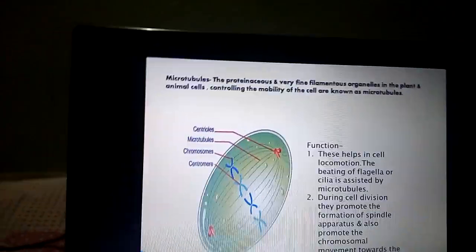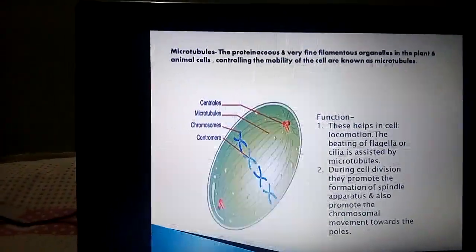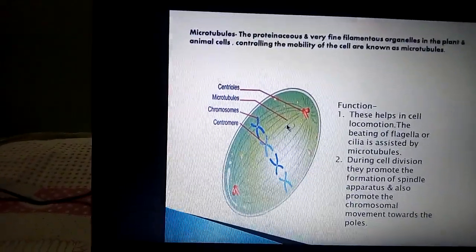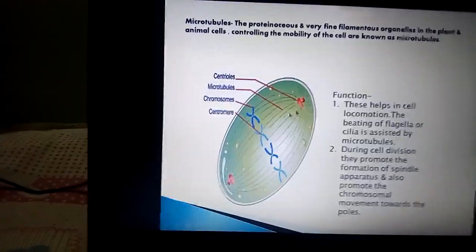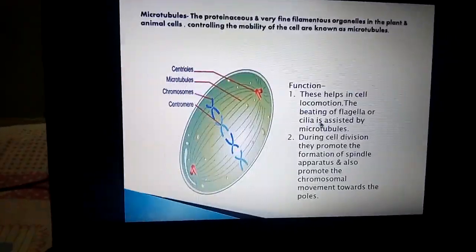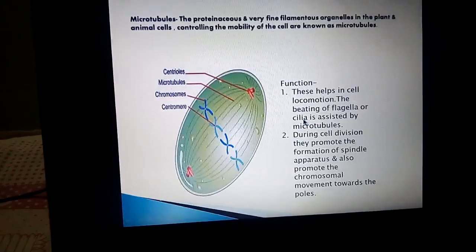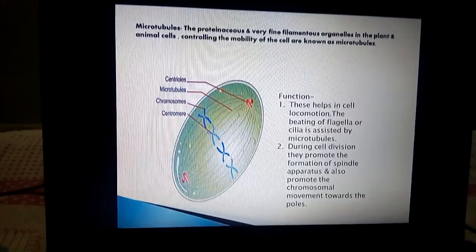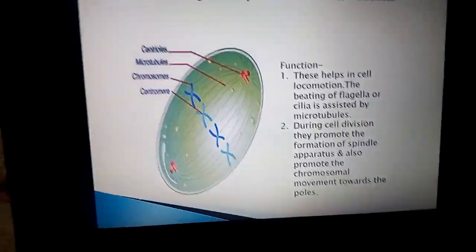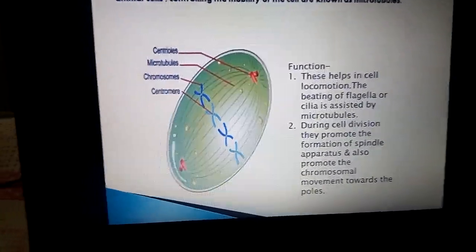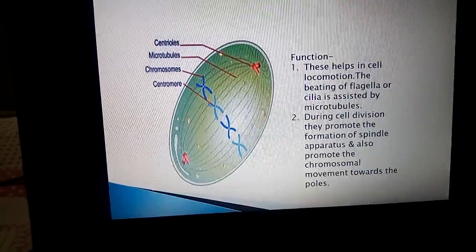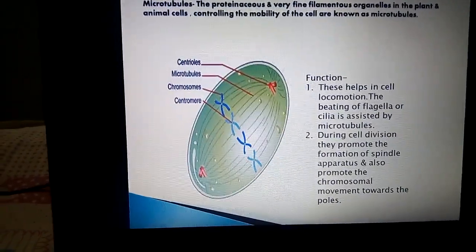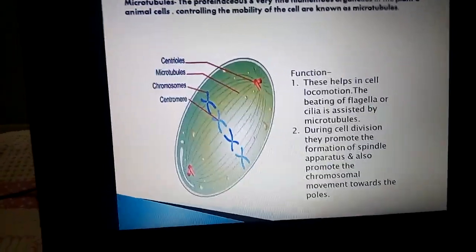Each tubulin consists of two subunits, known as alpha and beta. What are the functions of microtubules? They help in cell locomotion. The beating of flagella or cilia is assisted by microtubules.